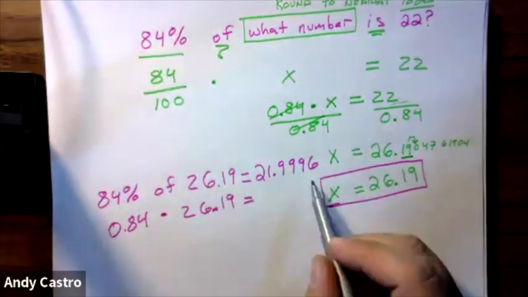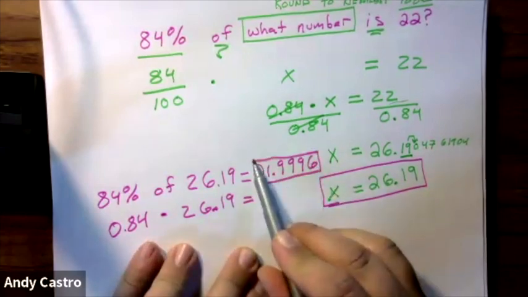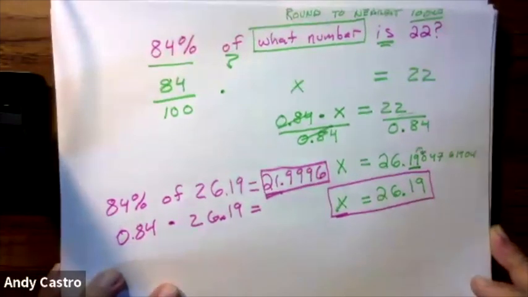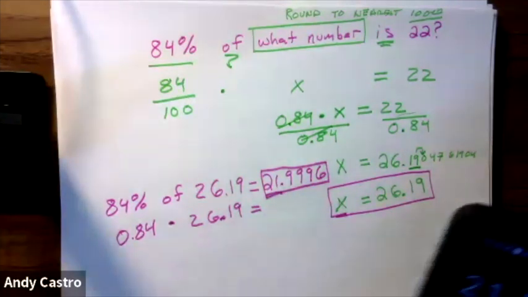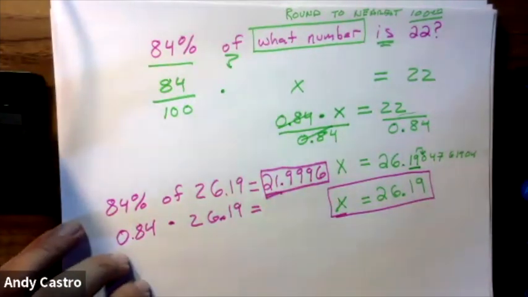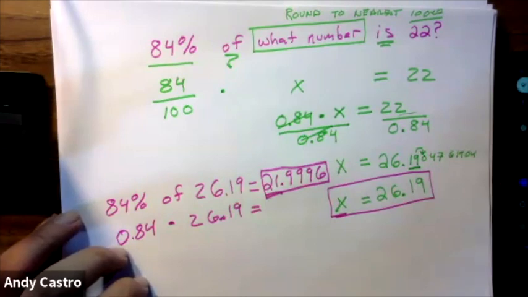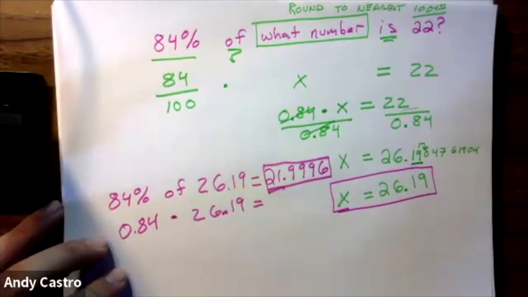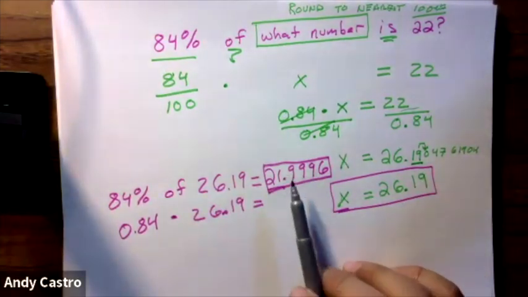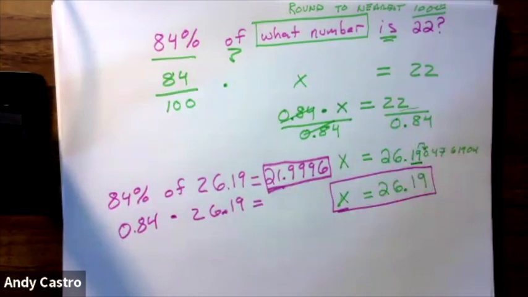All right, so that's not exactly 22. Does anybody know why it doesn't come out to exactly 22? You can message me, you can unmute yourself and say it out loud. Either way, does anybody have an idea of why that's not exactly 22?